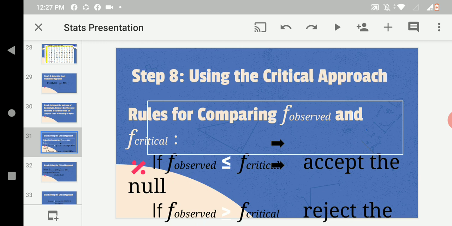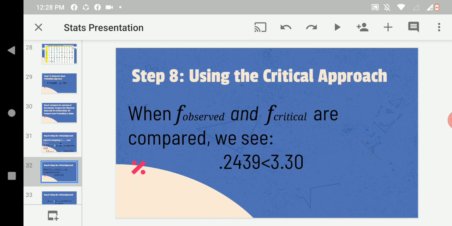Here are the rules of comparing. If F observed is less than the critical value, accept the null. If F observed is greater than the critical value, reject the null. So let's see the value. F observed and F critical value, we compared.